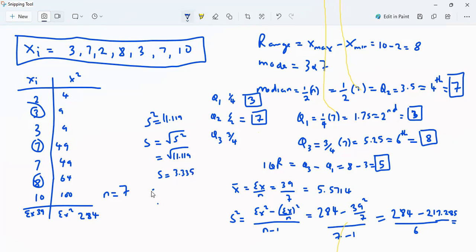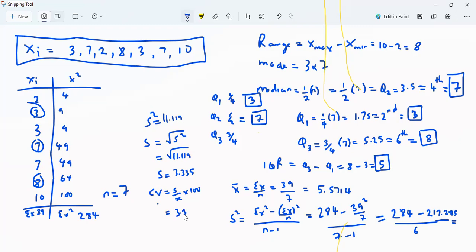Okay. Then what is the coefficient of variation? It's simply standard deviation over our mean times 100. So what is our standard deviation? 3.33.